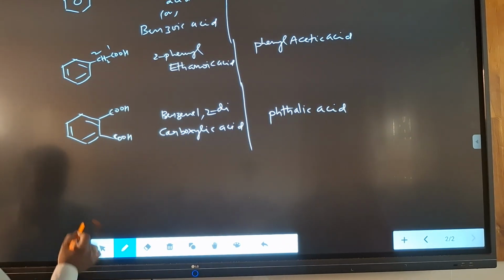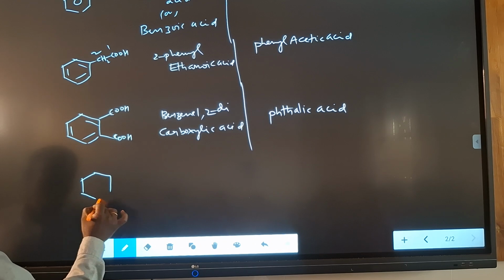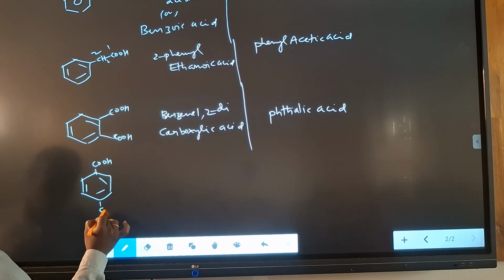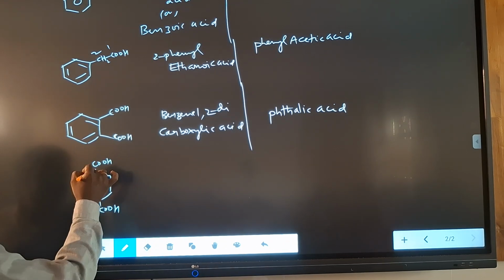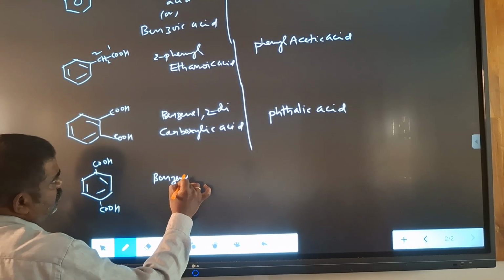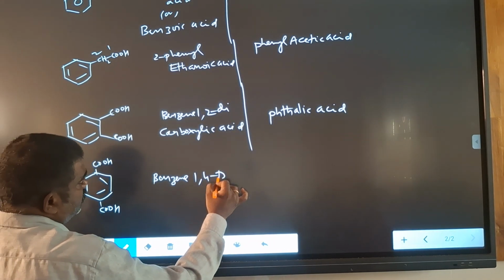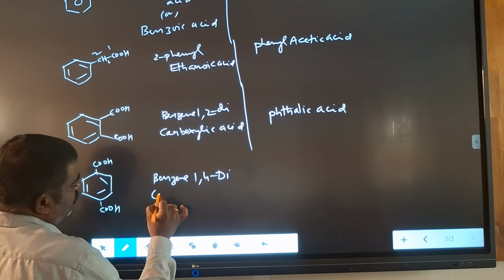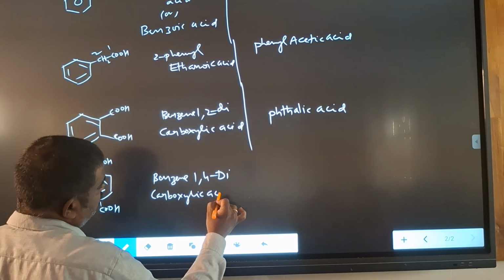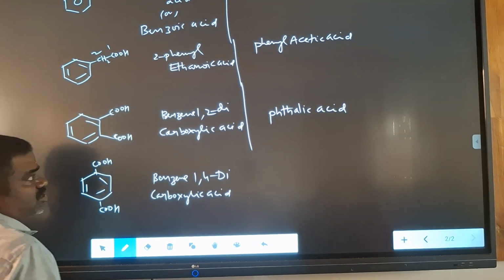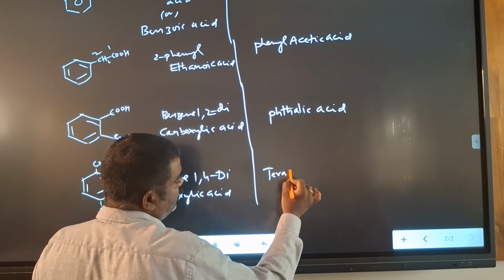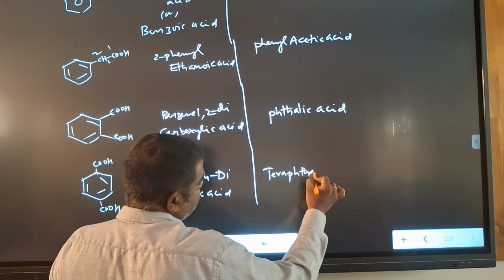If you write 2 COOH groups exactly opposite, it is called benzene 1,4 dicarboxylic acid. What is the common name? Terephthalic acid.